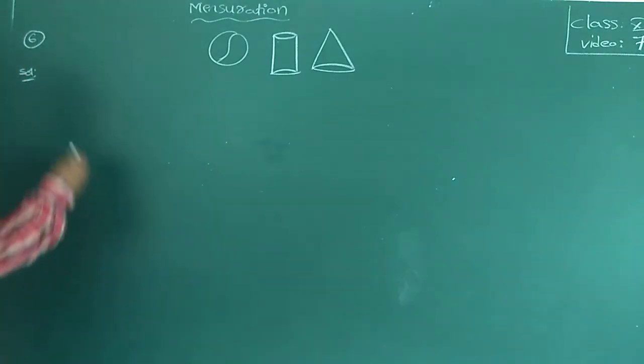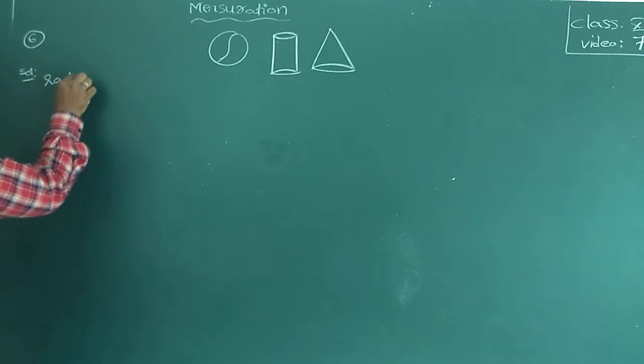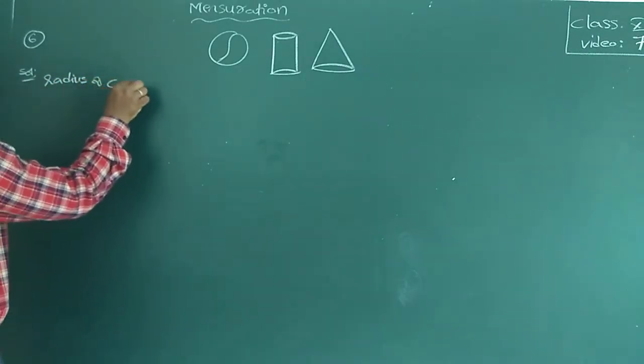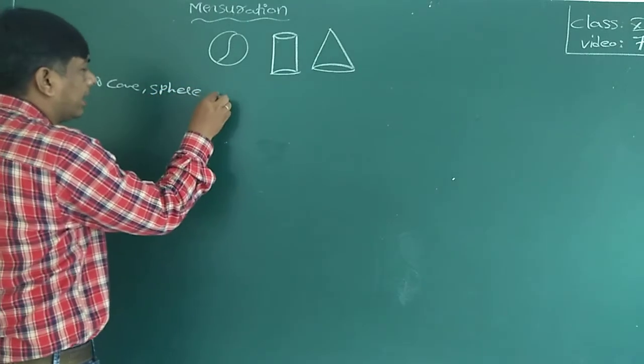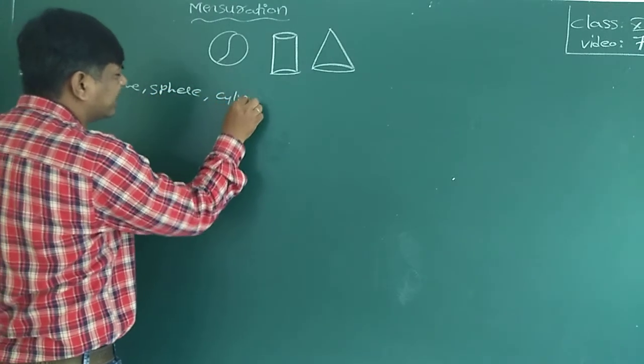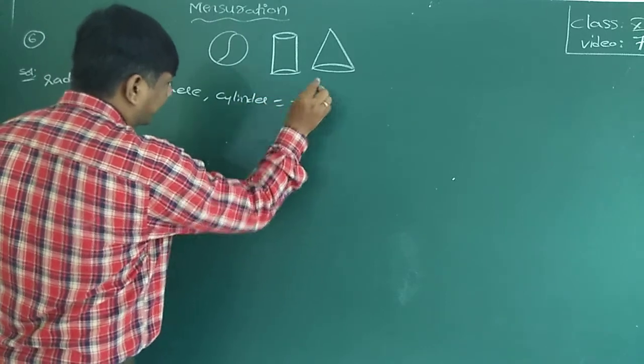The radius of the cone, sphere and cylinder is equal to r.